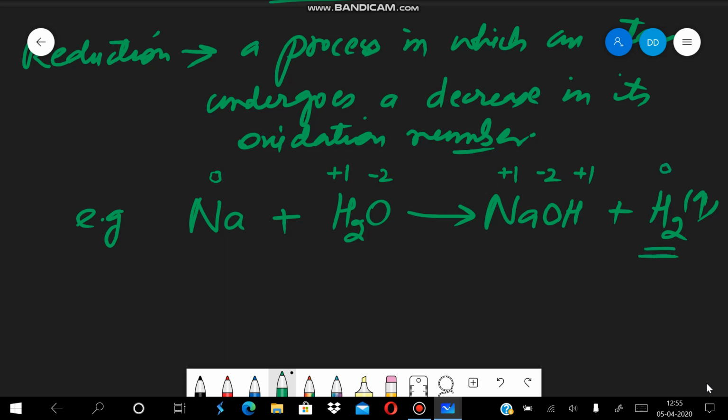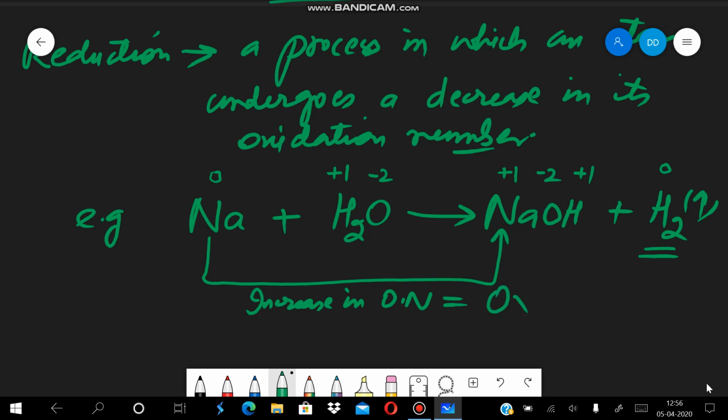Now looking at the reaction, we can see that sodium is undergoing an increase in oxidation number. And according to definition, increase in oxidation number is oxidation. So we can say that sodium undergoes oxidation in this reaction. Now see the oxidation number of hydrogen.